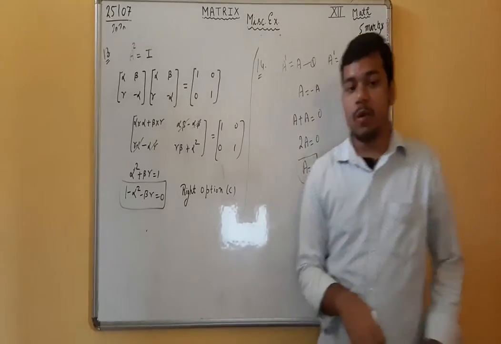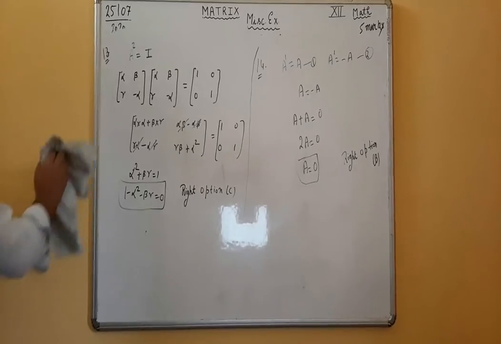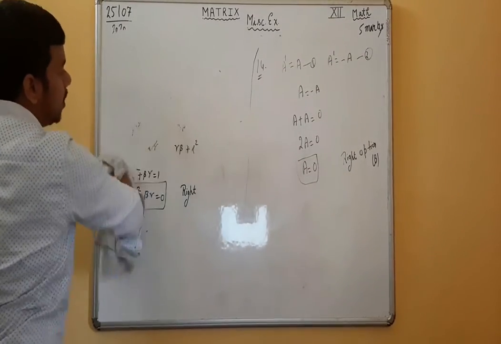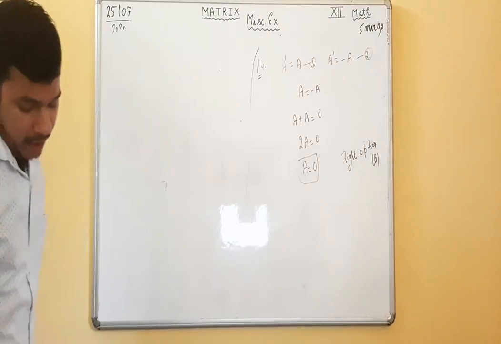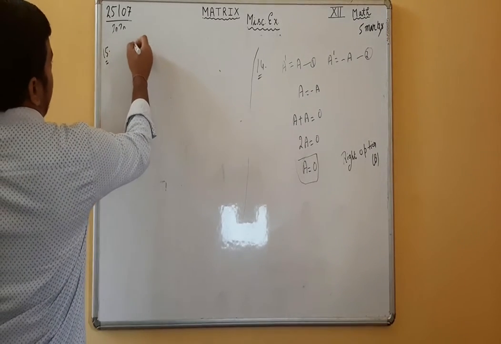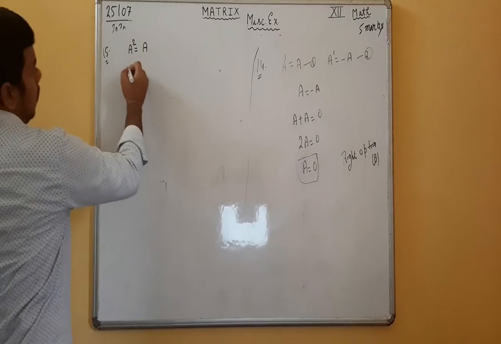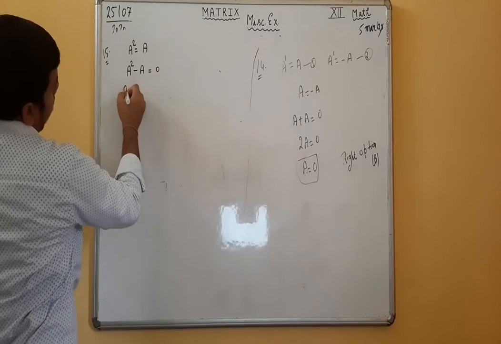Now see problem number 15. In problem number 15, you are given that A is a matrix such that A square is equal to A. So see, it can be written as A square minus A is equal to 0.